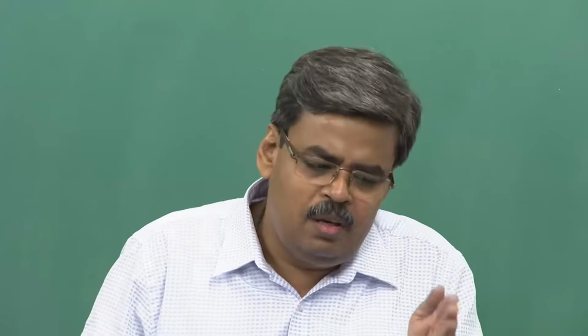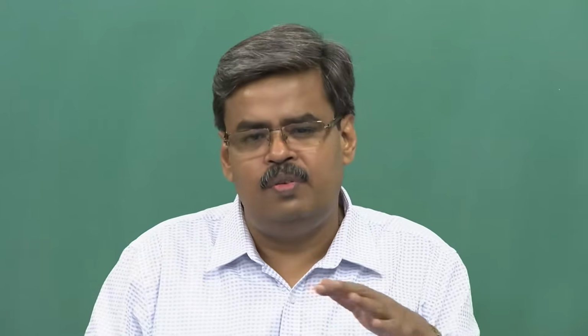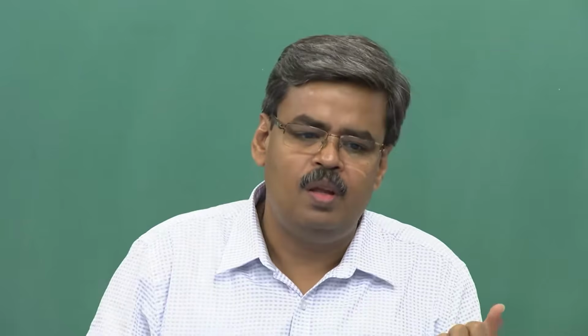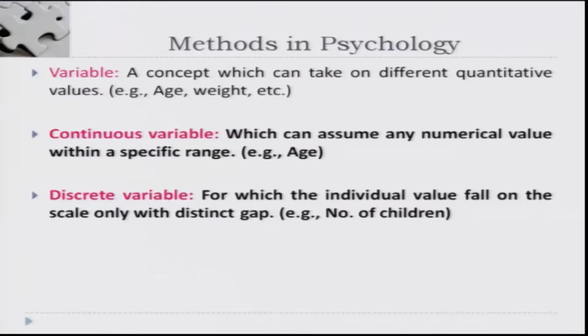Okay. But broadly for understanding, we have the independent, the dependent and the extraneous variables. You can also, for your purpose of analysis, consider one set of variables as either mediating variable or as moderating variable.